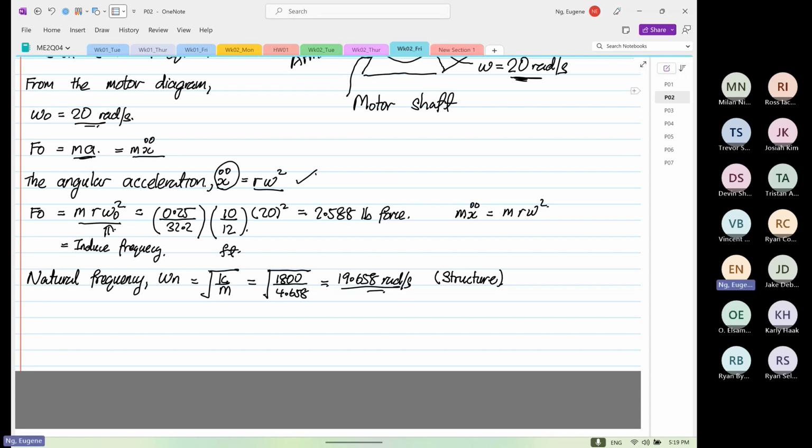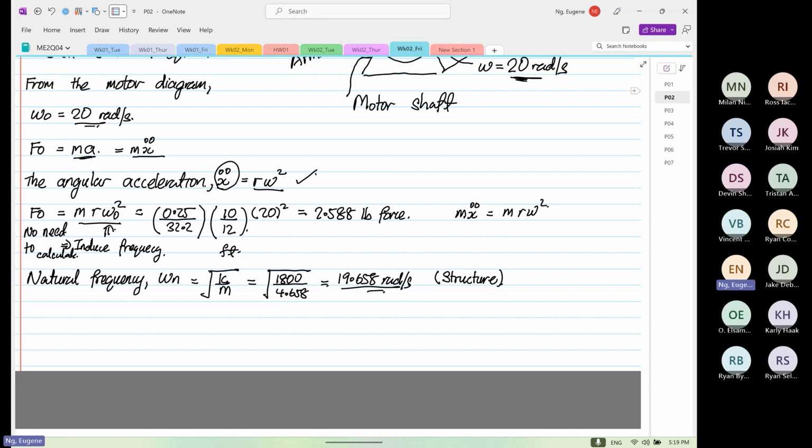The induced frequency over here, no need to calculate. This omega naught is a parameter that should be given. Whereas omega n is based on the structure, you have to calculate. Are we clear?